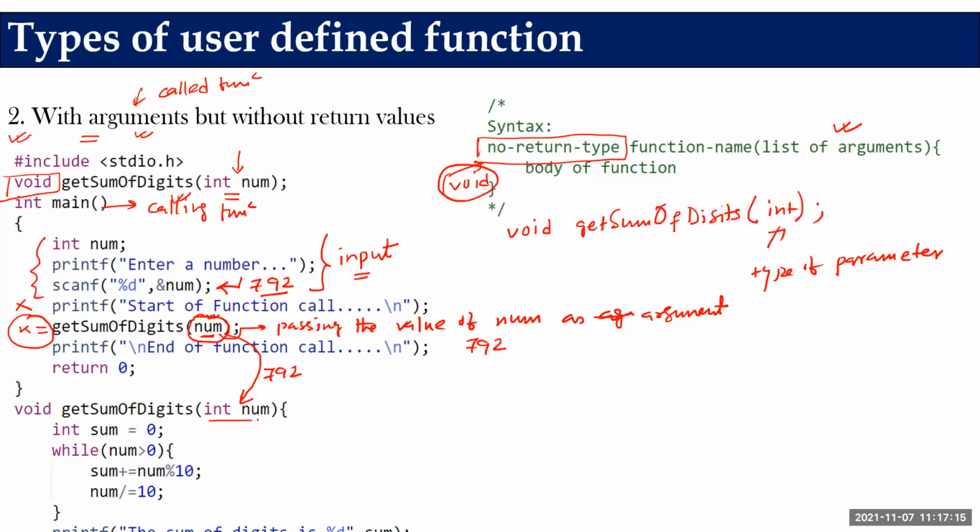Now see, there is a parameter name as well as type. When the function is defined, we need to specify the name as well as the type. Now the type is integer, because I am passing 792. In the declaration, the type is also mentioned as integer.